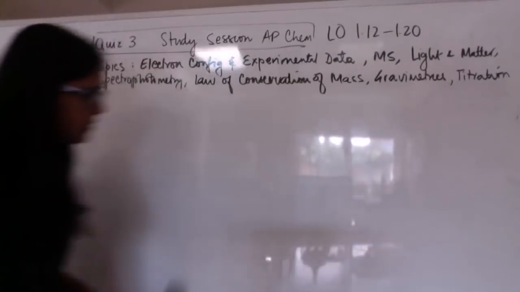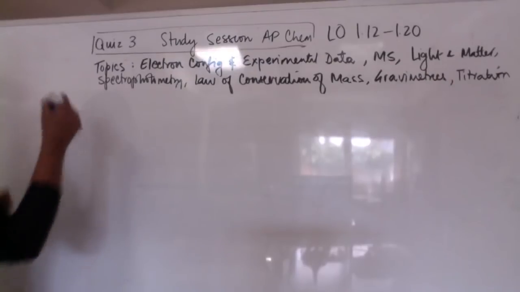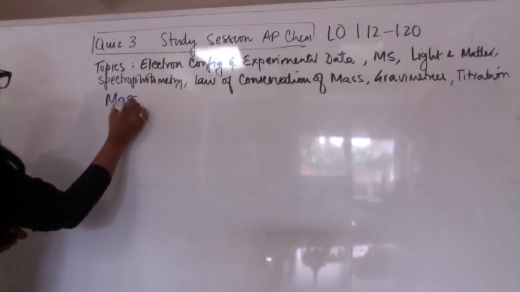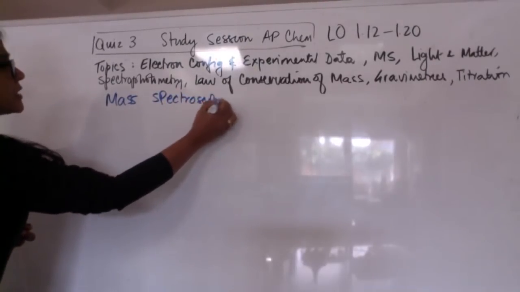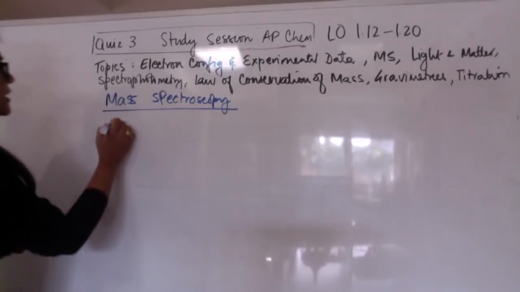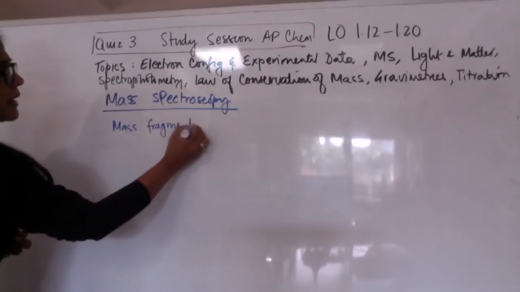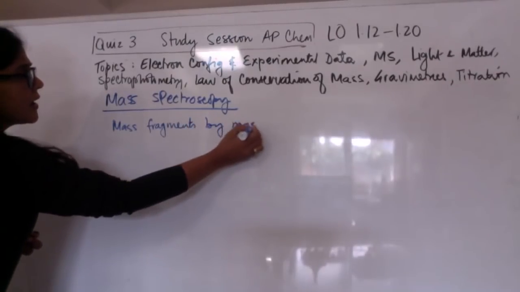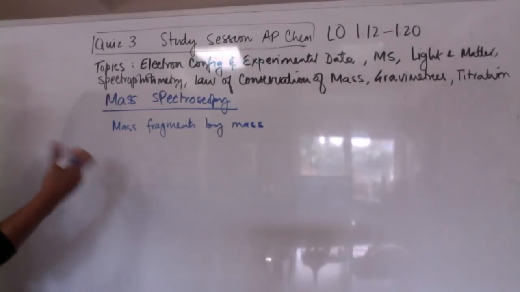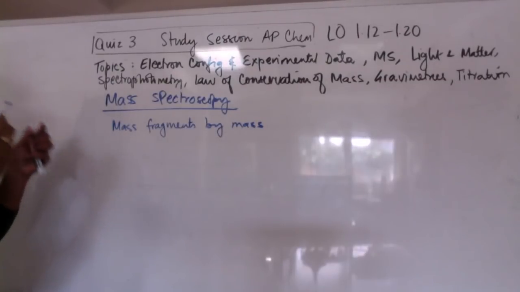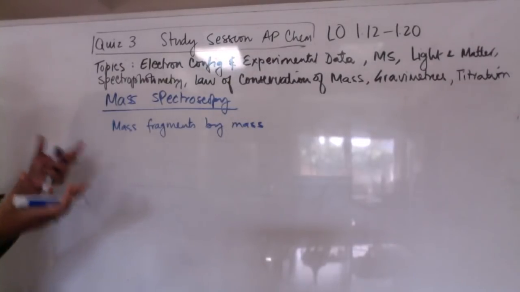All right. So from here, I'm going to go to the next topic, which is mass spectroscopy. And mass spectroscopy is a methodology that separates out the mass fragments by mass. And what happens when you feed a sample in the mass spectroscope, then first of all, your sample generally is in atomic form and is neutral.